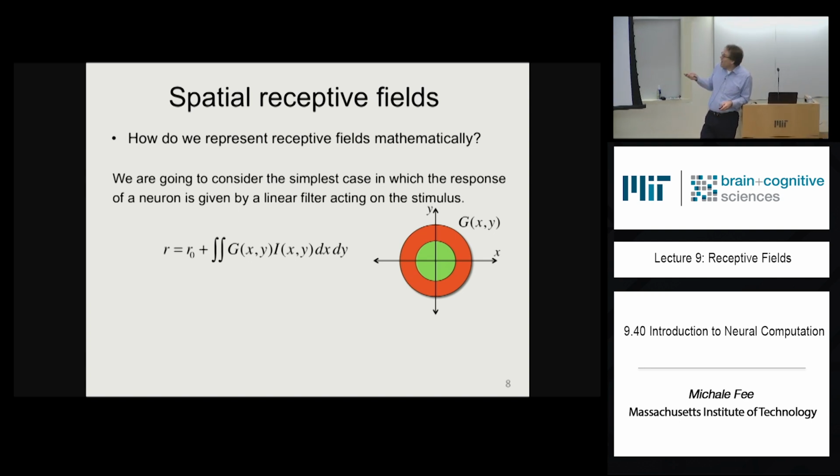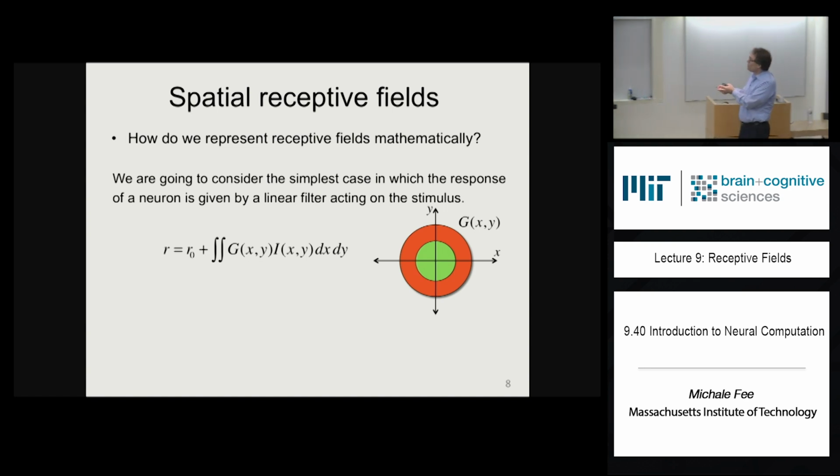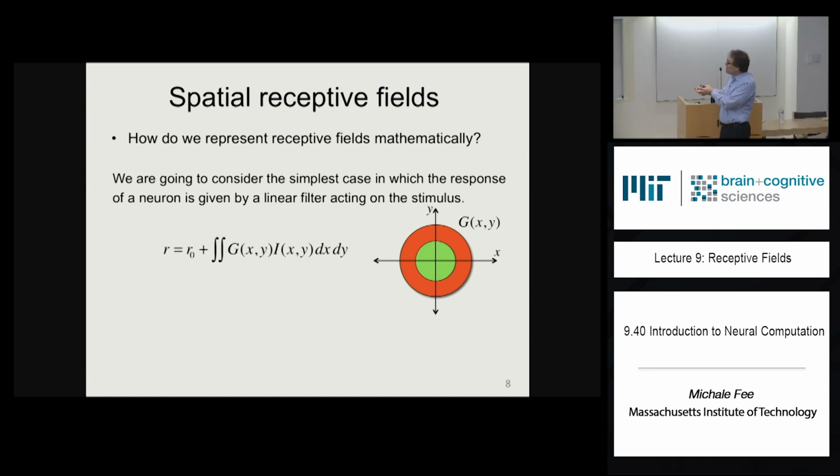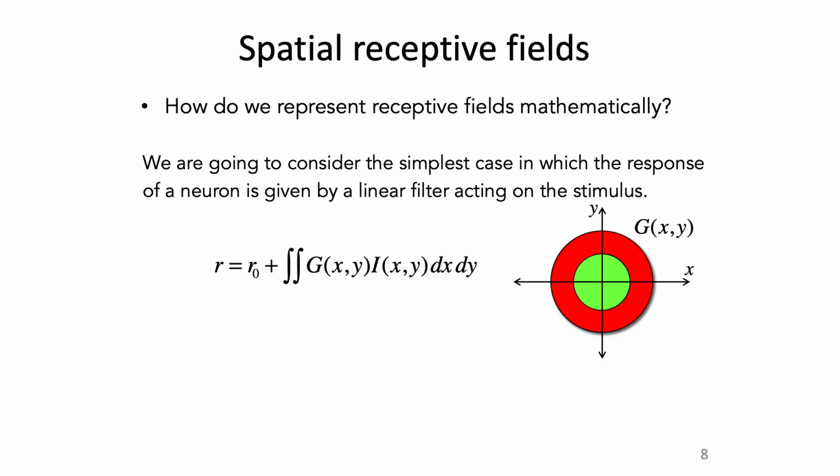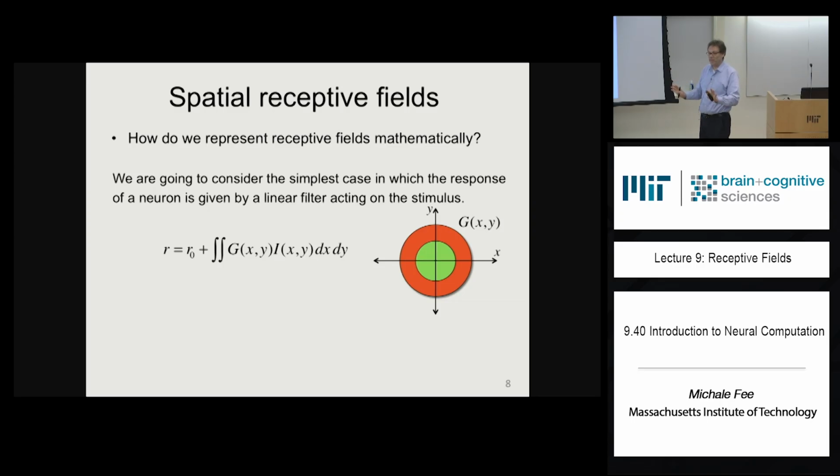Our linear model is how well the stimulus matches or overlaps with the receptive field. We do that just by multiplying the receptive field times the stimulus and integrating over x and y. Just think of x and y as a position on the retina.